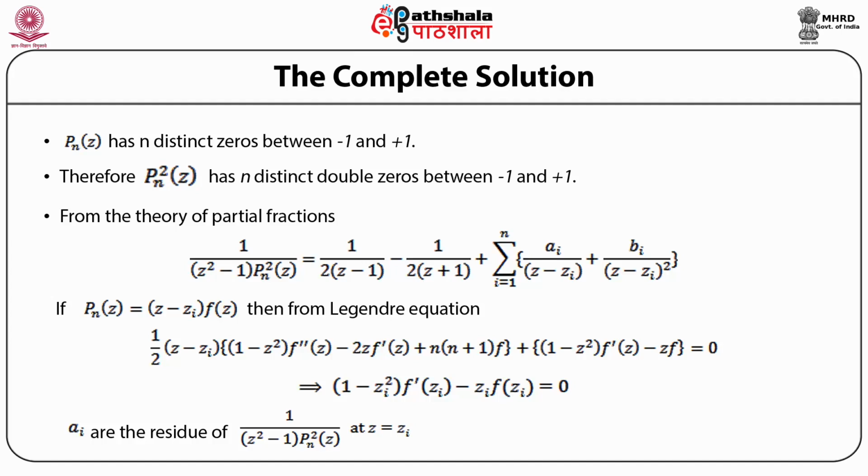Let us now write Pn of z is equal to (z minus zi) into f of z.